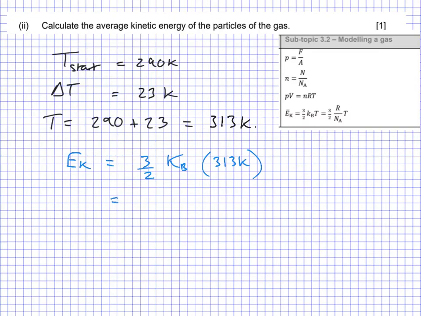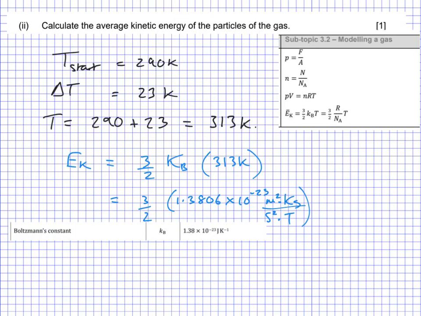Boltzmann's constant, let's put this in, so 3/2, and Boltzmann's constant is 1.3806 times 10 to the negative 23, and then the units, it's meters squared kilograms over seconds squared temperature. In fact, there it is. This is just a screenshot from your data sheet.